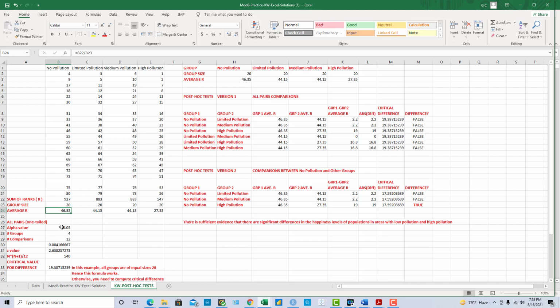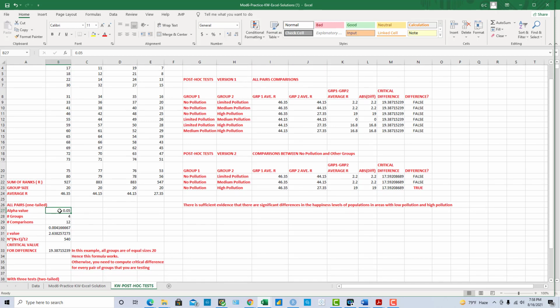So if we are going to do pairwise comparisons on all of these groups, group 1, no pollution, limited pollution, medium pollution, and so on and so forth, we are going to get this alpha value of 0.05.